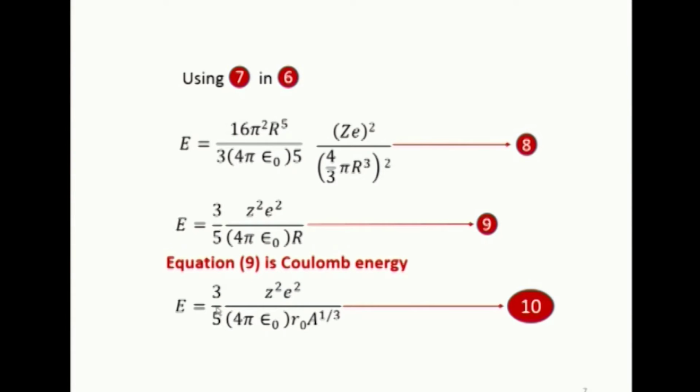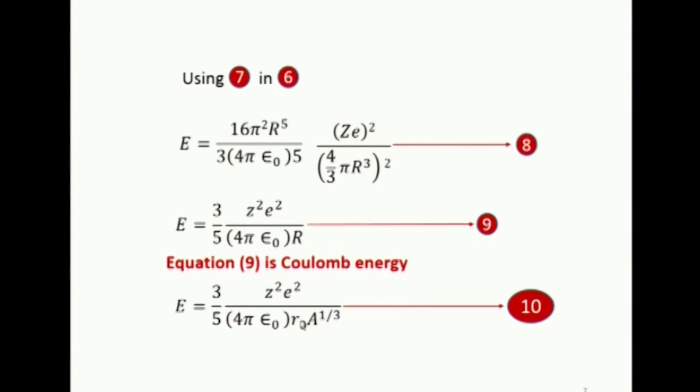Now, why do we write it this way? Now the Coulomb energy is a function of Z and A alone. All other things are constant, because R naught is also a constant. Therefore, we are writing the Coulomb energy in terms of the two variables, Z and A. R naught is the radius constant.